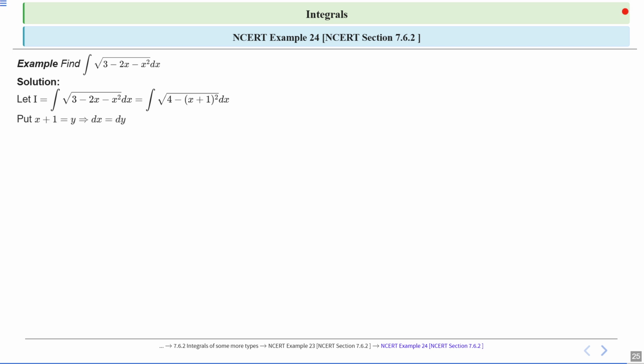Now we use the substitution method to put x plus 1 as y. So when we differentiate, we get dx is equal to dy. Now we convert all the integral with x to y.